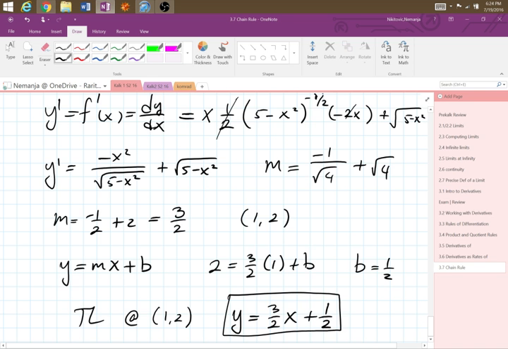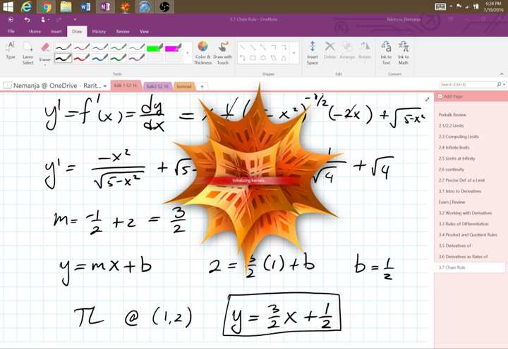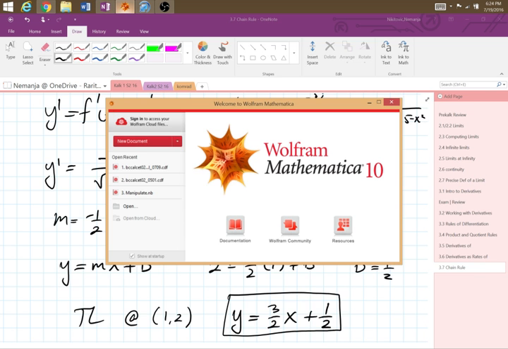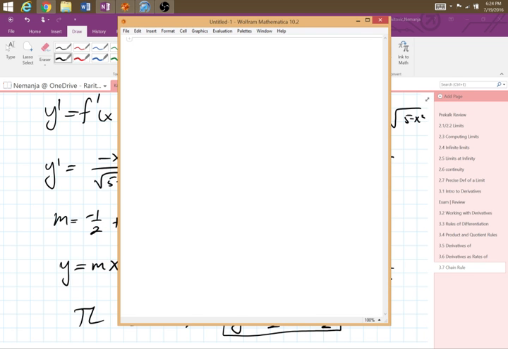Now I want to make sure, because I care, that that's good. I'm just going to fire up Mathematica, and I'm going to graph both functions in the same viewing window and make sure that they intersect at the point. So we go to Wolfram Alpha, query, graph x times (5 minus x squared) raised to the 0.5, that's the square root.